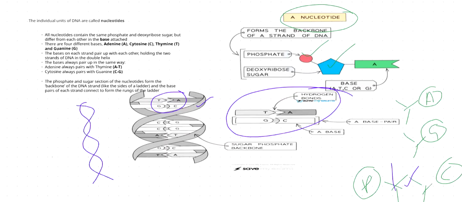A small segment or piece of DNA which carries information for one particular protein is called a gene. One DNA molecule is a long molecule which carries the information of many proteins, so it has many genes in it.